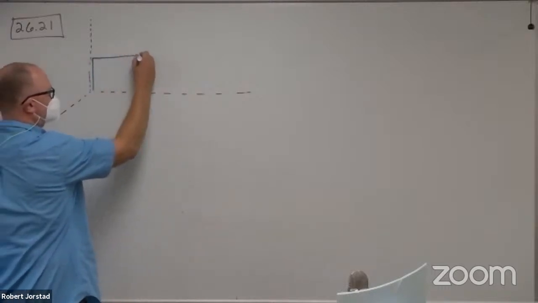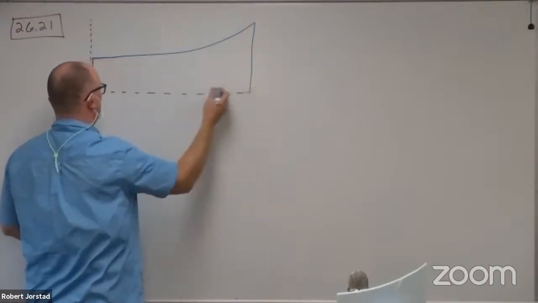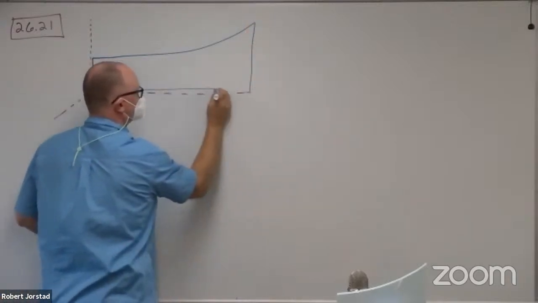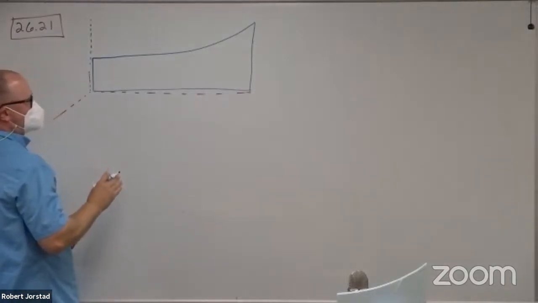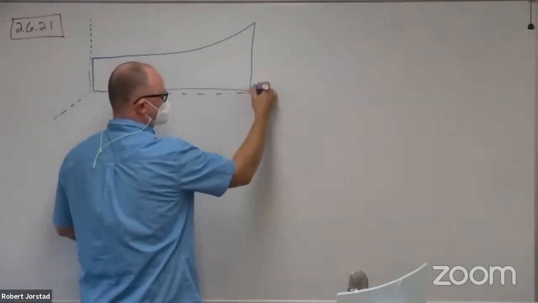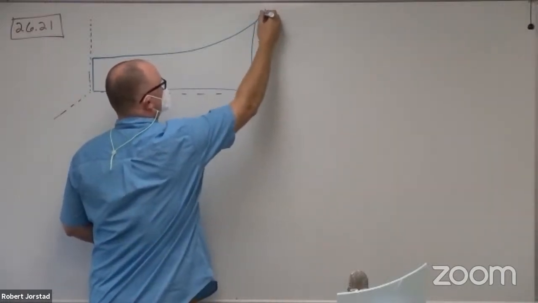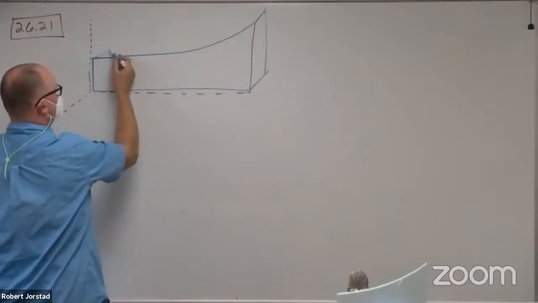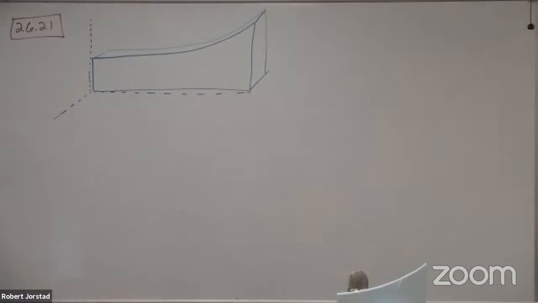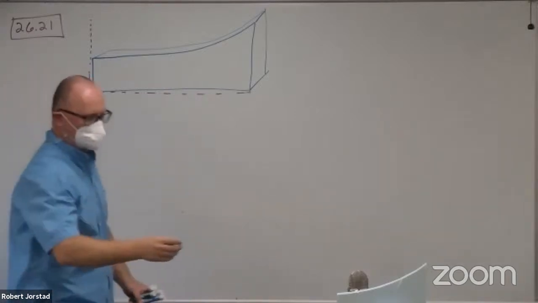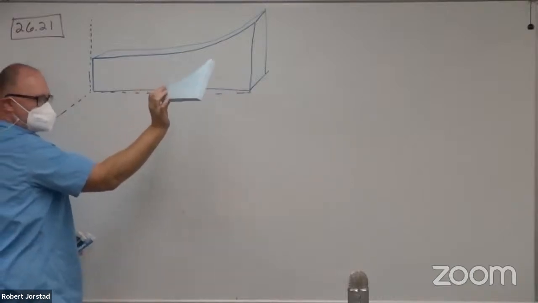Now, the one that you see in the book kind of looks like this, right? Sorry, this isn't perfect. But the idea here is it's still got some depth into the page. It's just hard to draw that. It looks really goofy when you try and draw it. That's supposed to be the shape. Again, there's some thickness to it, real life thickness.